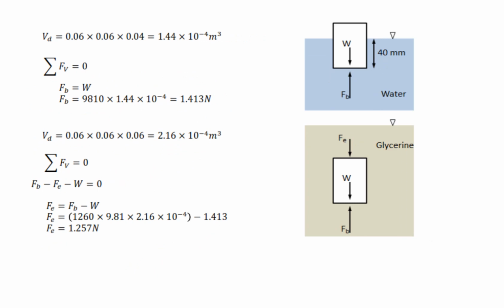Okay, so first thing first, we need to calculate the volume. The volume for the immersed object, the volume that is immersed, so this one. We are not using the height of 0.06 because it is immersed only 40 mm, convert to meter. And then we take the sum of Fv equal to 0, Fb is equal to W, and then W is rho g Vd.